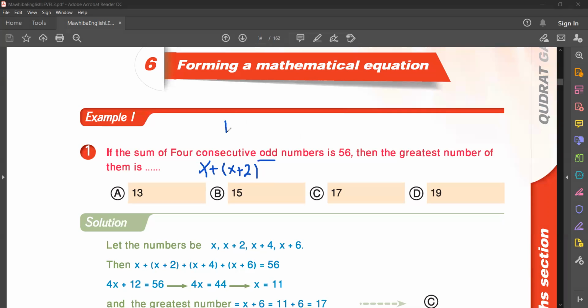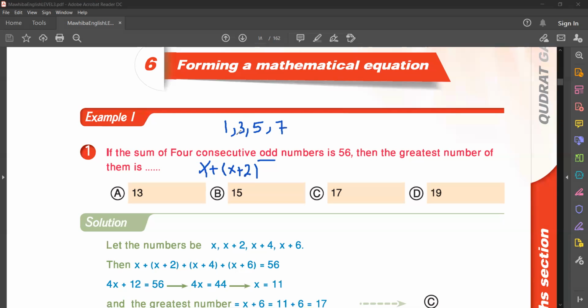If the first one is an odd number, what is the second odd number? Hello, are you with me? Yes, Muhammad Abdul Latif, it is 3. Then the third number is 5, right? The fourth number is 7, right?